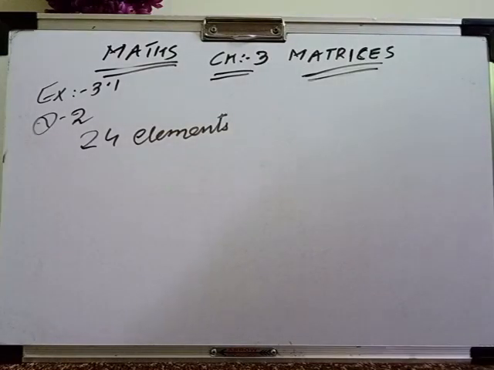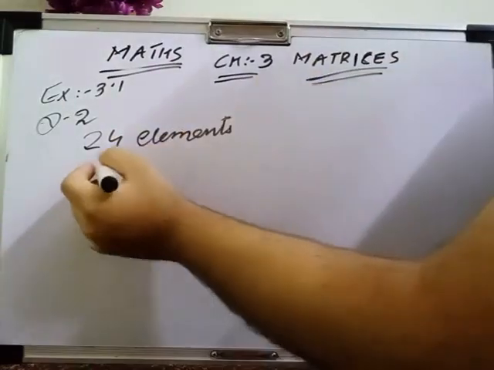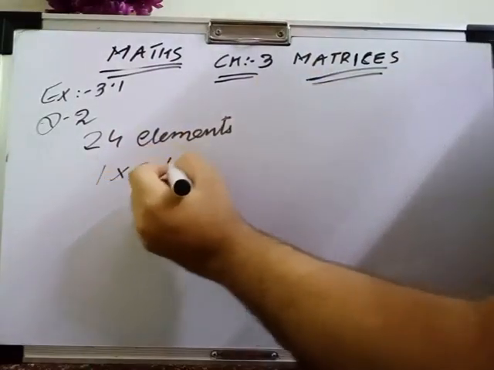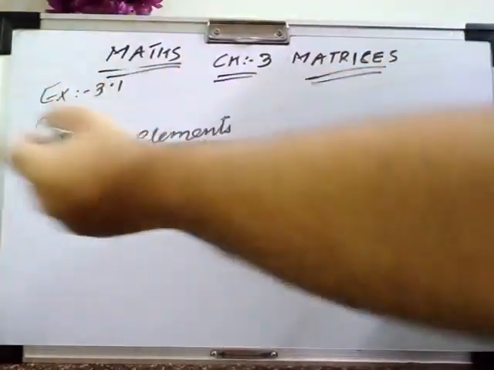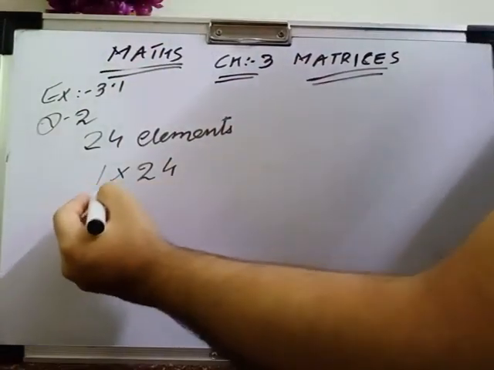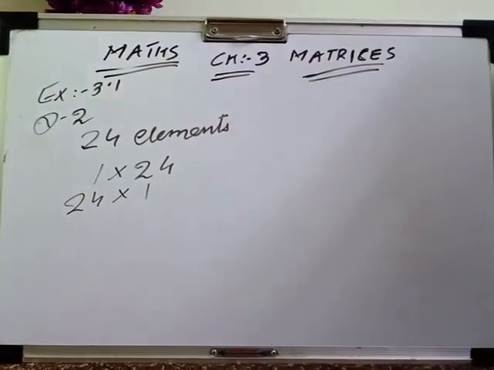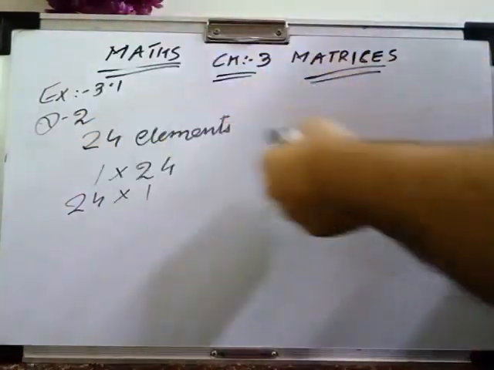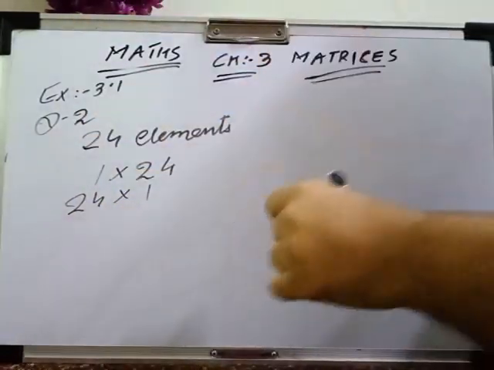The first case is 1 cross 24, meaning taking row 1 and 24 columns, right? I can settle in 24 cross 1, meaning I will take 24 elements in rows and just one column.